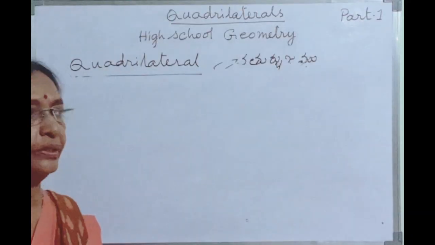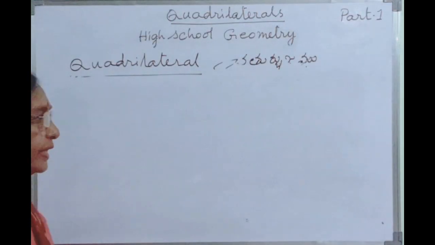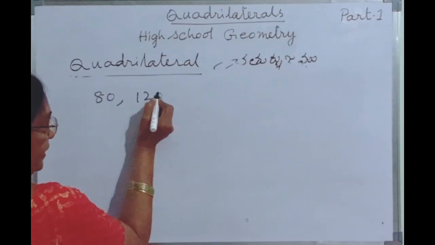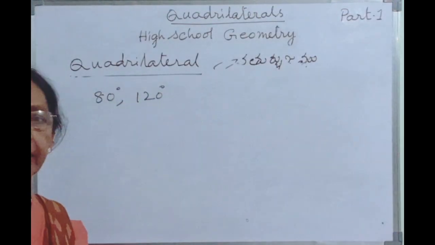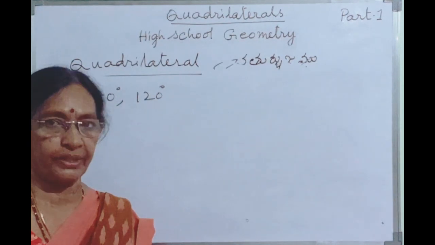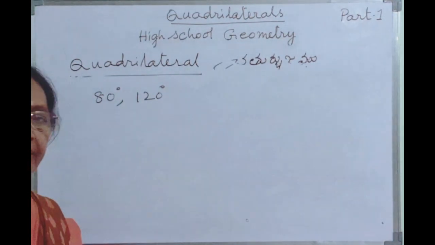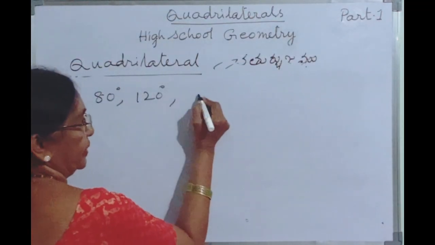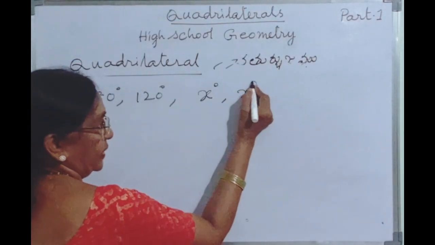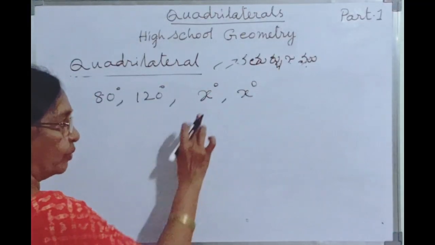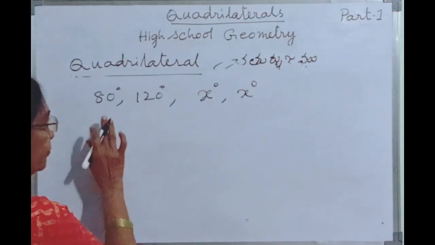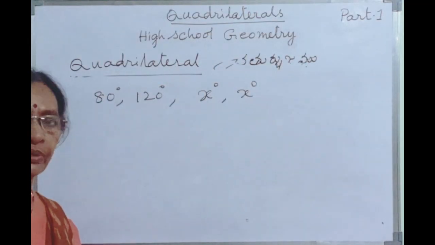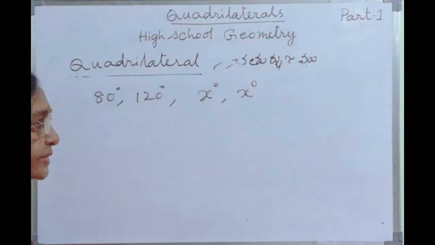Next, another example. Two angles of a quadrilateral are 80 and 120 degrees, and the other two angles are equal to each other. Then what is the measure of the other two angles? So let the other two angles be x degrees each. The first two angles are given as 80 and 120. We know that the sum of the angles of a quadrilateral is 360.